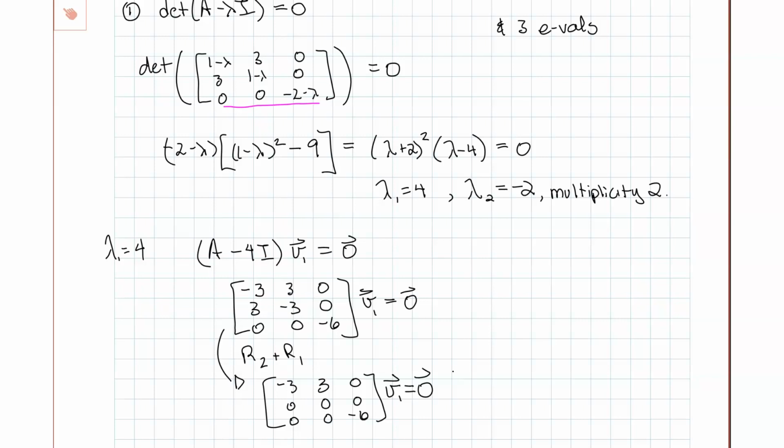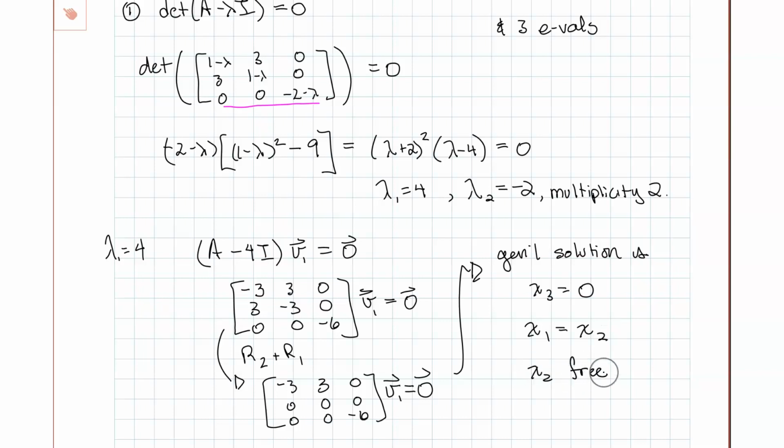And I can already see what the solution of this linear system is going to be. So the general solution is this, right? x3 is going to have to be equal to 0, and x1 is going to have to be equal to x2, and x2 is free. So if I write that all together as a vector, my first eigenvector, x1 and x2 have to be the same, x3 has to be 0.